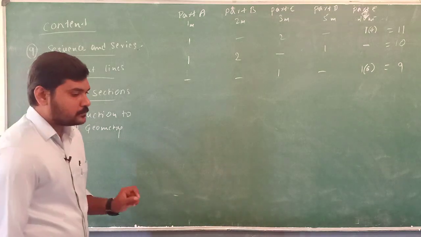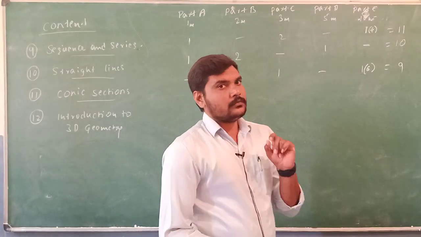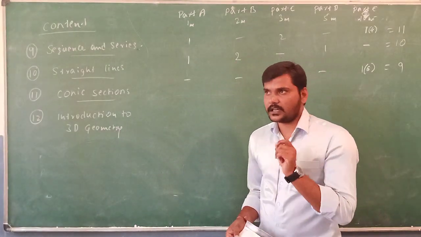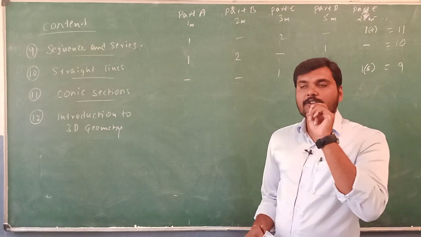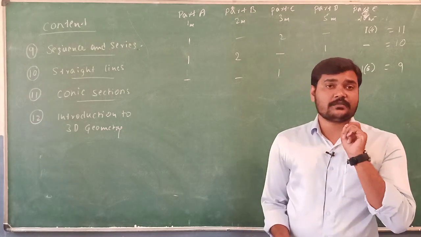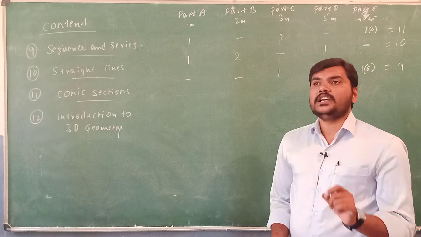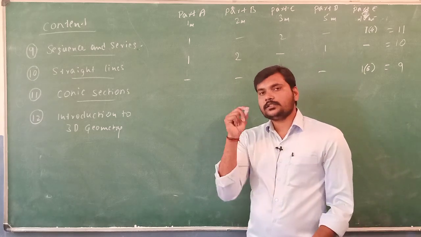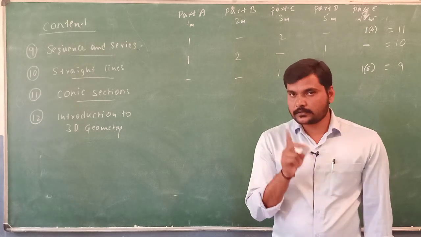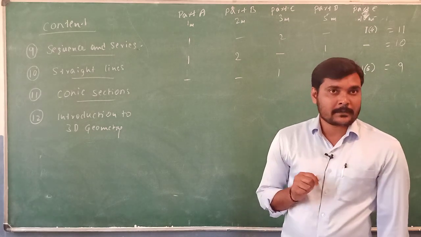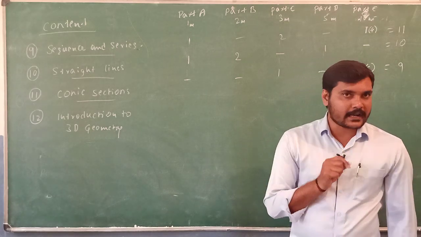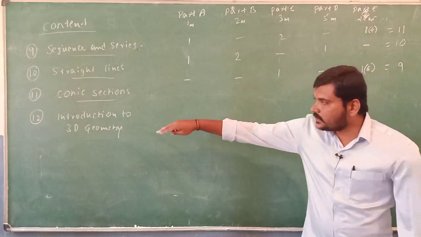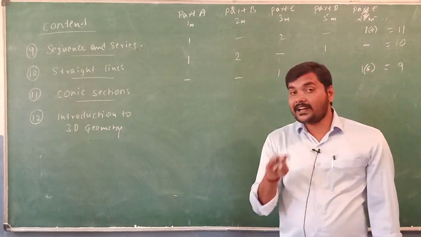Suppose take an example. You are drawing a graph on a paper. So you are going to find an x-axis as well as a y-axis. If we have to allot a point on a graph, we are going to find two axes. One axis is going to be an x-axis and another axis is going to be a y-axis. But when you are studying three-dimensional geometry, we have another axis.